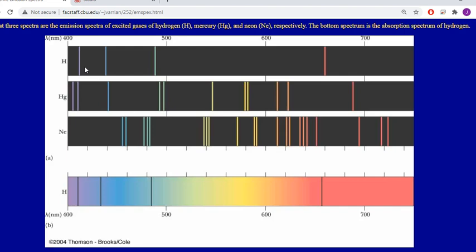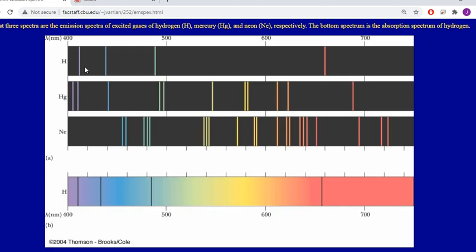Historically, people were getting the emission spectra of different gases before they really understood what was going on with the atom. So the Balmer series was well known, and there were other series with hydrogen, also emission series. So what Bohr was able to do was say, look, here is the Balmer series right in your lap.